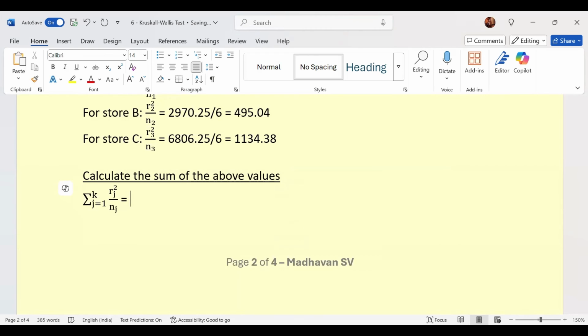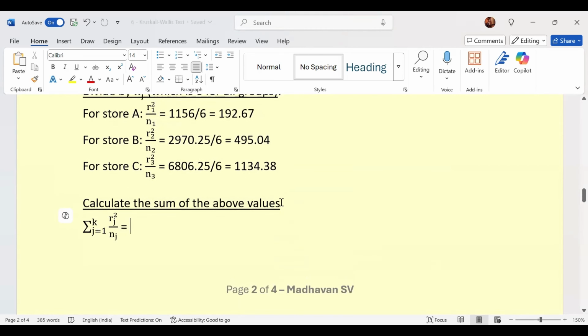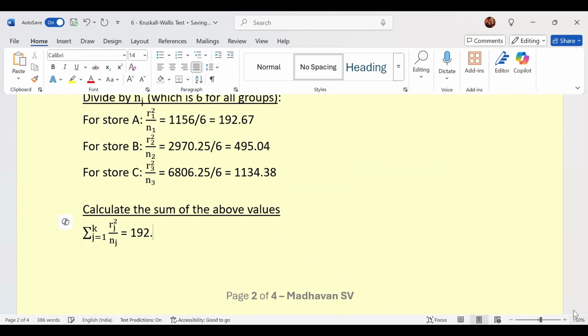Equal to 192.67 plus 495.04 plus 1134.38. Adding these, we get 1822.09. Now we can find the H value.